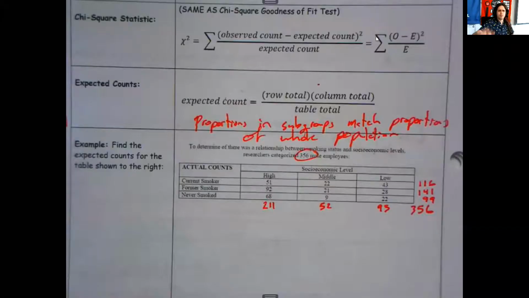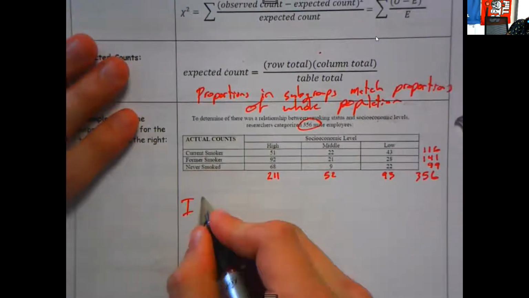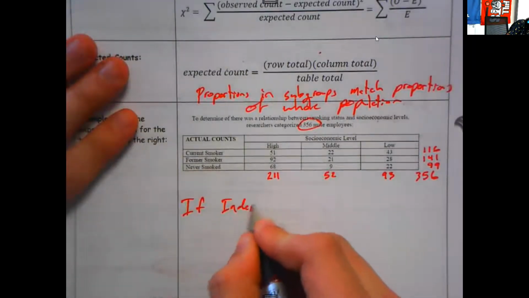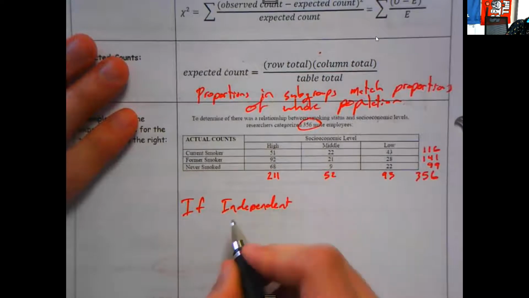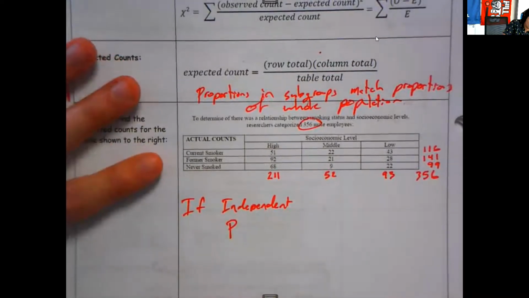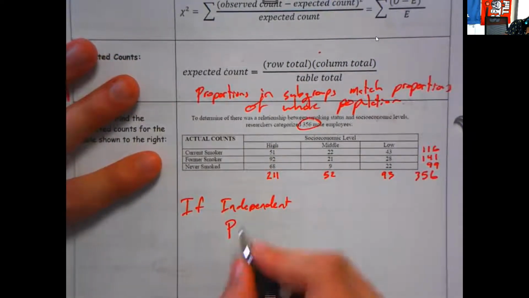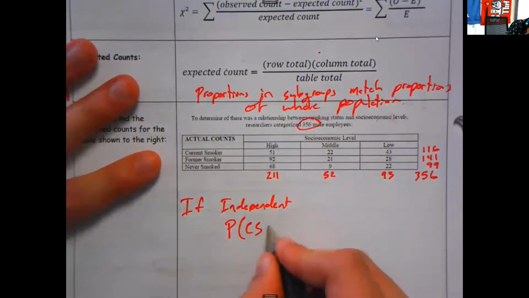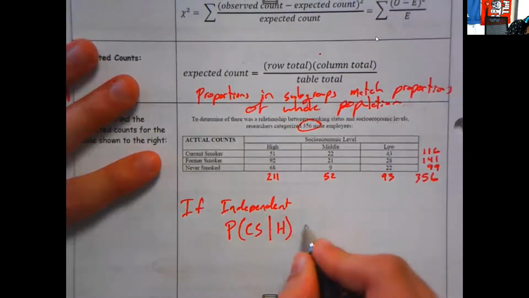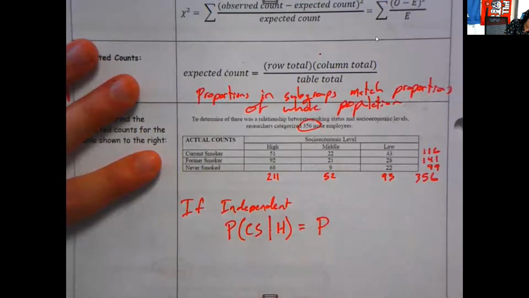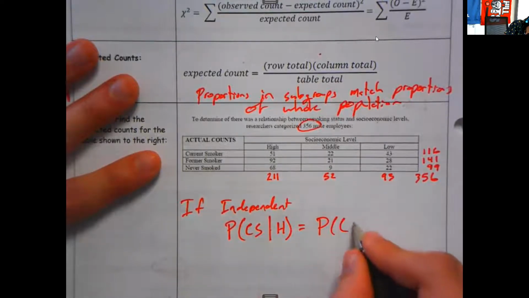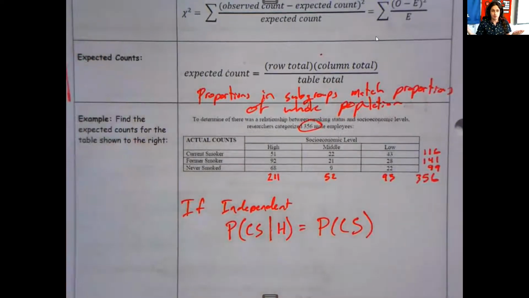All right, so once you get those numbers on there, it's going to be a little easier to think about this. If they were independent, the probability of current smoker given high socioeconomic level would equal the proportion of current smokers, right? What's the proportion of current smokers?